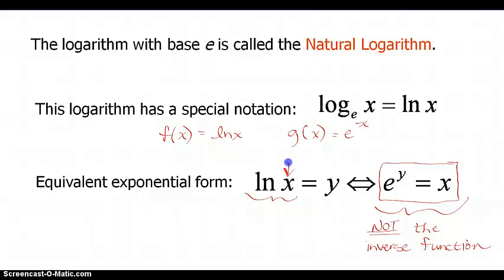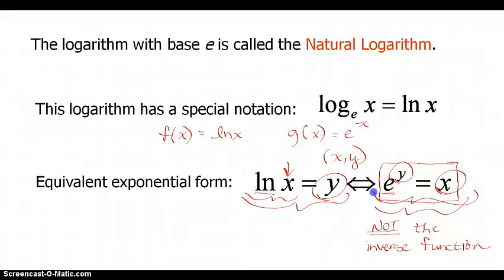When I put an x value in here and take the natural log of it and I get a corresponding y value, it's going to be the same y value here that if I put that y value into e, it's going to give me that x value. All right, so the x and y points on the graph of this function are identical to the x and y points on the graph of this function.